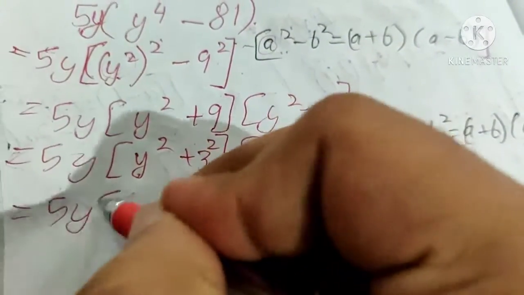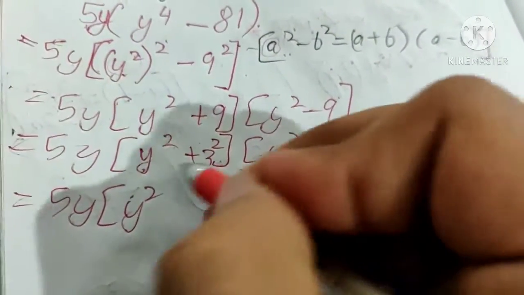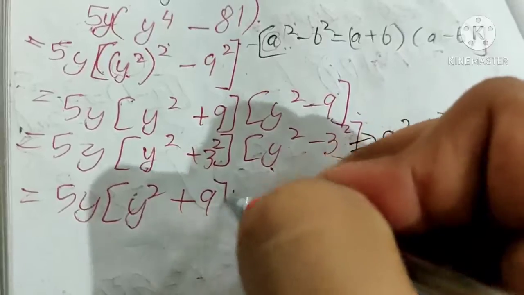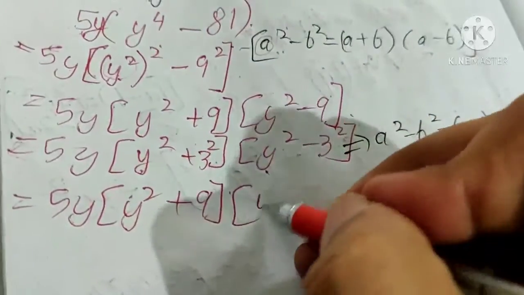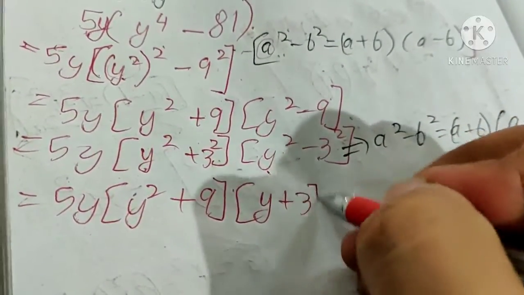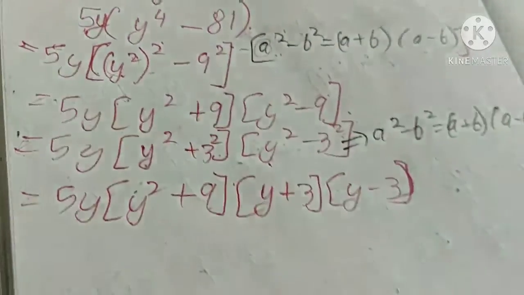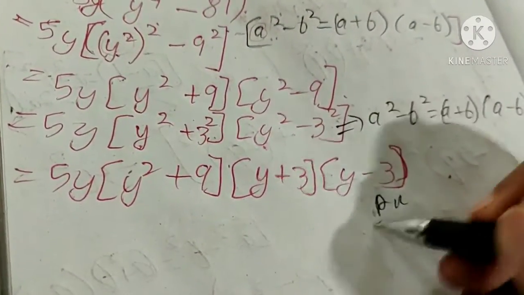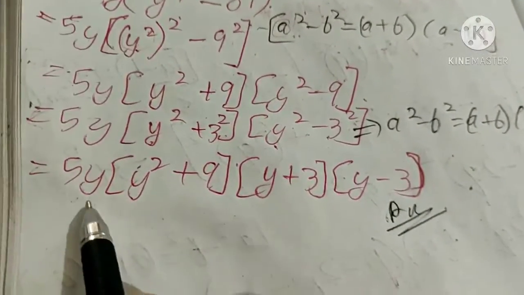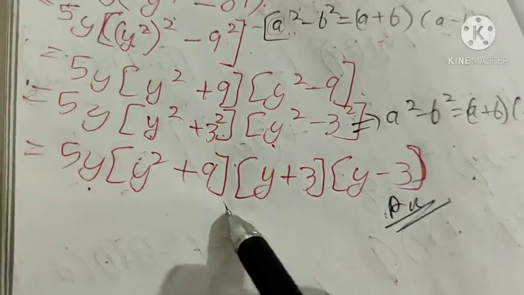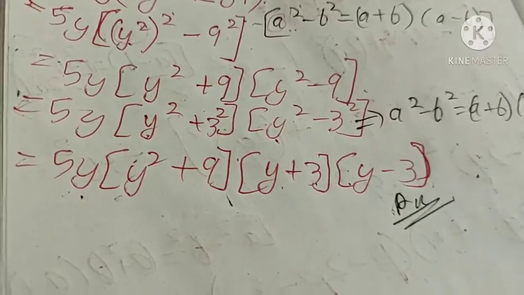So 5y, y square plus 9 has no identity, so we will write it the same way it was written, and here again the identity gives y plus 3 and y minus 3. So this is our answer here. The factors are 5y, y square plus 9, y plus 3 and y minus 3.